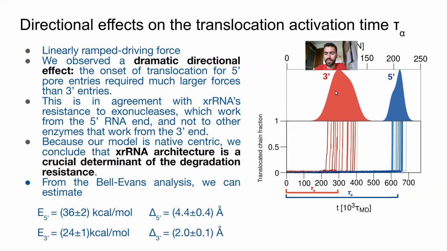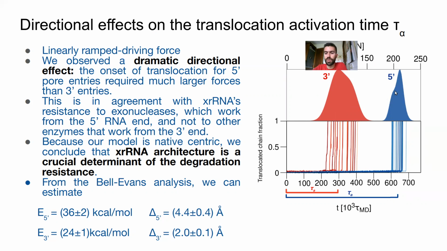As you can see here in this histogram, this is the distribution of the time required to activate the translocation from the 3' ends, and they are much lower than the time required to activate the process from the 5' ends. And this is, of course, in agreement with the RNAs resistant to the exonucleases, as I said before.